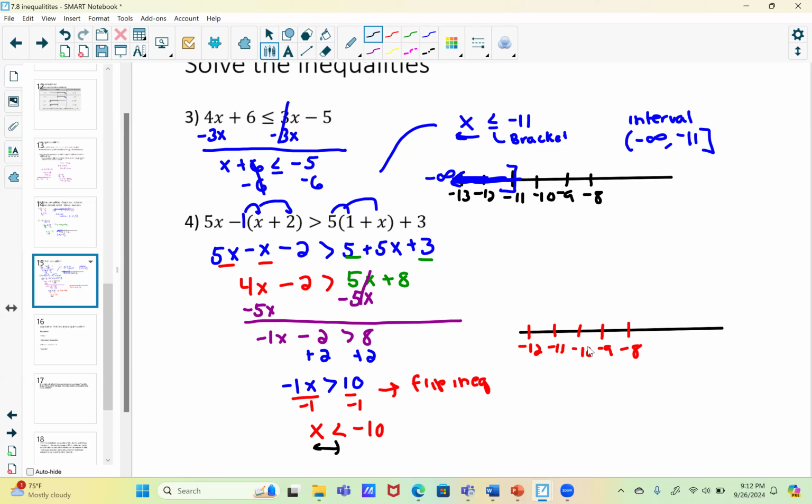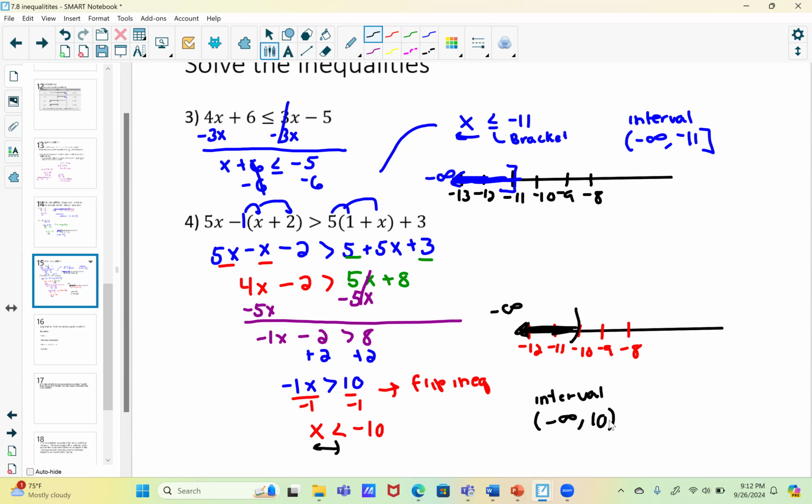If you think about numbers that are smaller than negative 10, that is this side. So I do parenthesis and shade. And then for interval, again, I'm going towards negative infinity. So it'd be parentheses, negative infinity, comma, negative 10, and then we put parentheses.